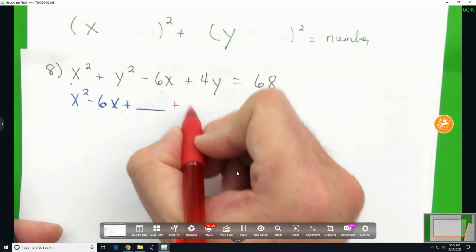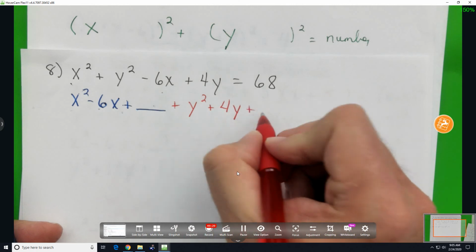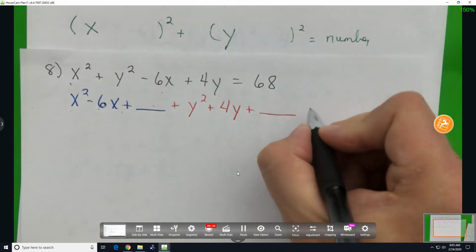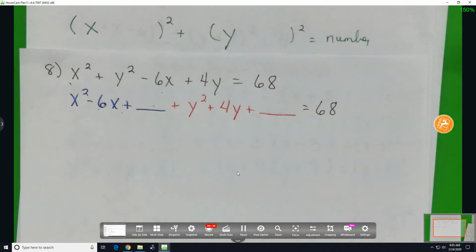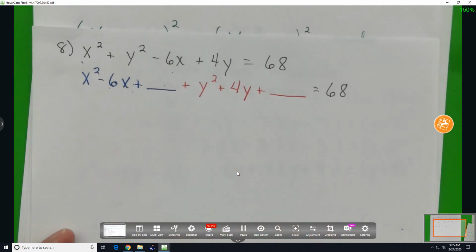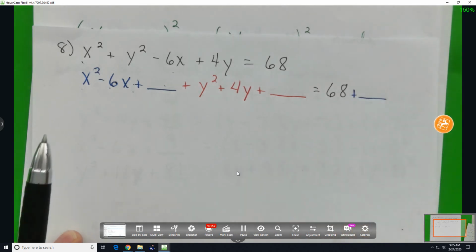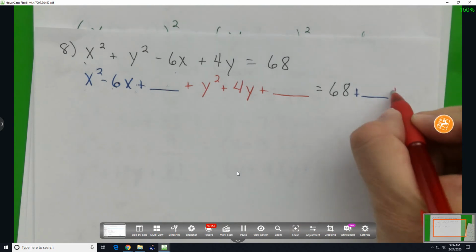There's a plus y squared, a plus 4y, put a plus blank, equals 68. We're going to put a blue number in the blue blank and a red number in the red blank. If you're going to add a number to the left-hand side of an equation, you've got to also add it to the right to keep it equal. So I'm going to go plus blue blank and plus red blank.